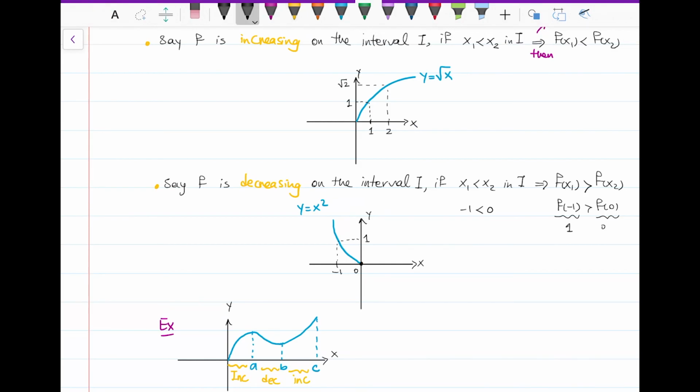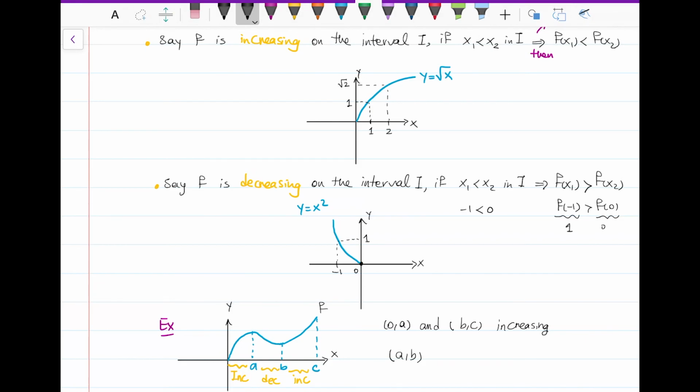So we're going to say that the function f from 0 to A and on the interval from B to C is increasing. We're not going to include the endpoints because we need to be a little careful about them. We're going to talk about them later.